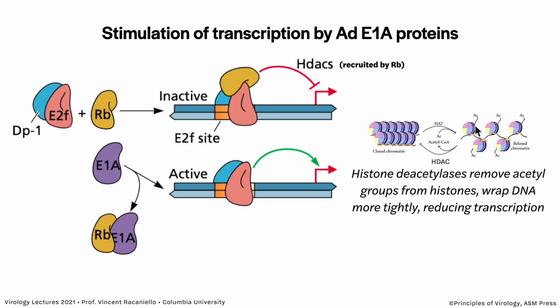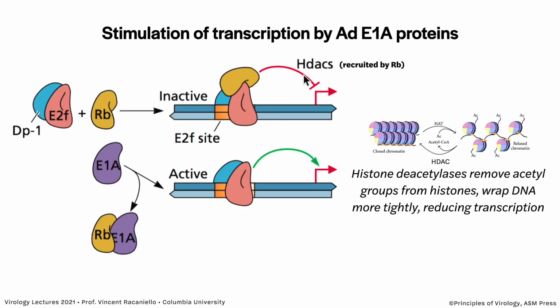A chemical modification. When you remove those acetyl groups by histone deacetylases, the chromatin closes and it can't be transcribed. We call this closed and open, or relaxed, chromatin. So these HDACs reduce transcription. It's one of the many ways that you can modulate transcription by affecting the modification state of histones.